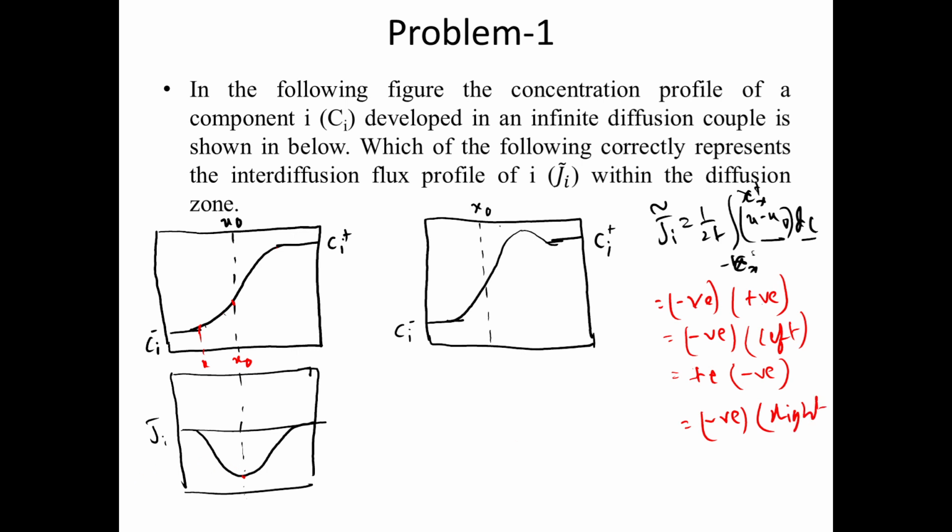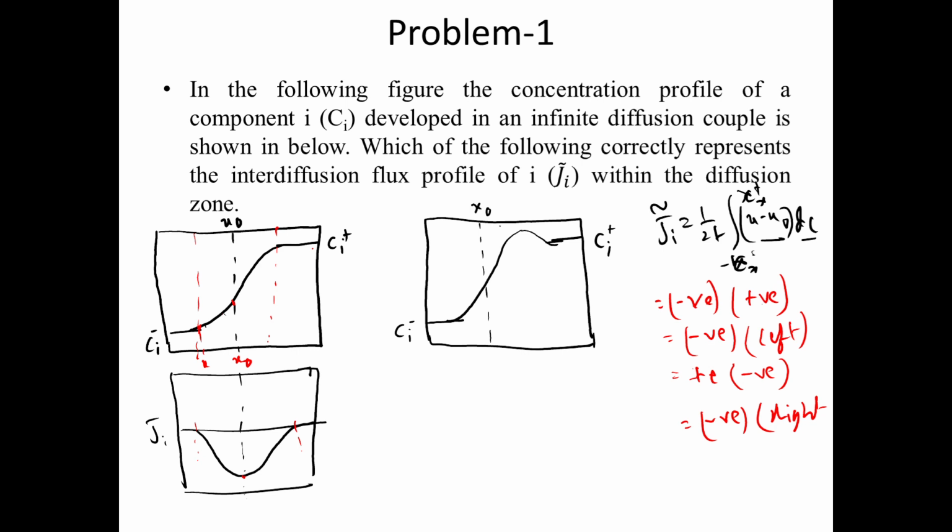And one more thing you need to observe here: we have made the flux at the end zero. Why? Most of the questions will be asked because we consider infinite diffusion couples. That means the diffusion depth is this much only, and beyond this the element is pure, like its own terminal alloy is there.